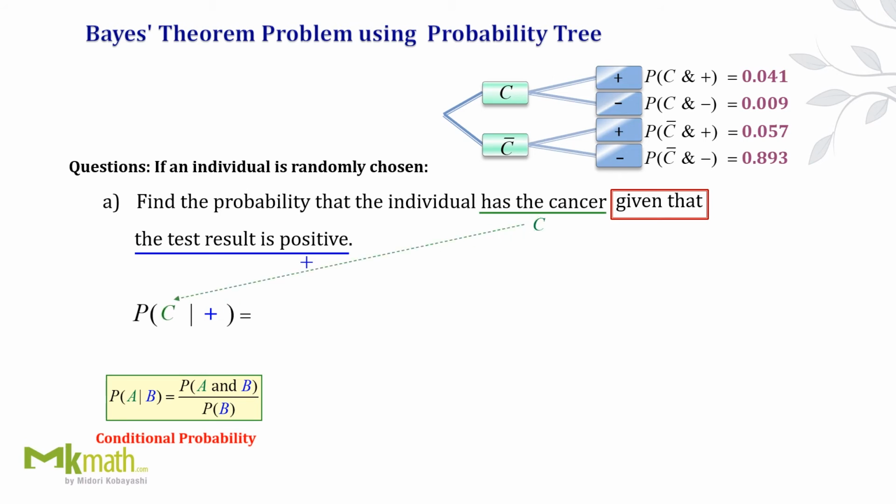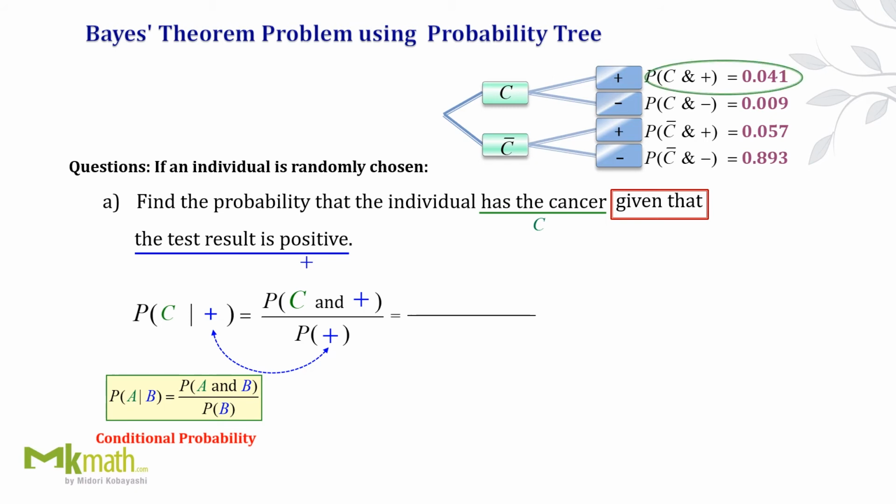Apply the conditional formula for this question to get the joint probability of C and positive on the numerator, and place the probability of positive on the denominator. For the joint of cancer and positive, we have already calculated 0.041 in the tree diagram.